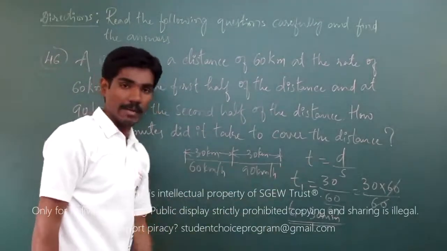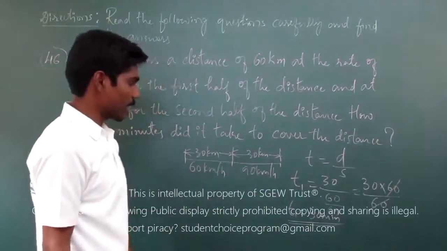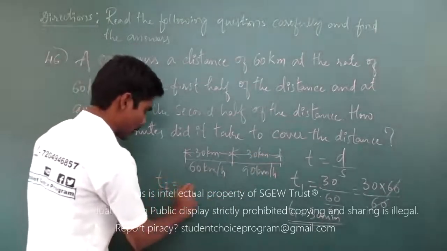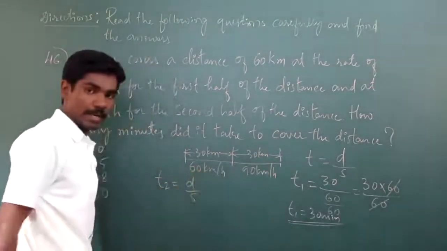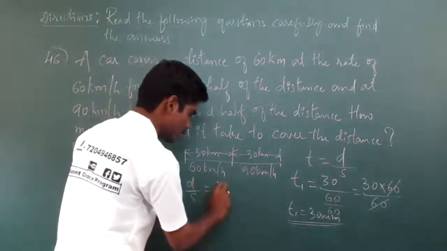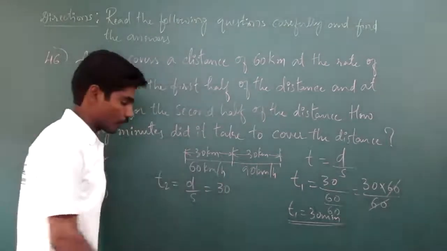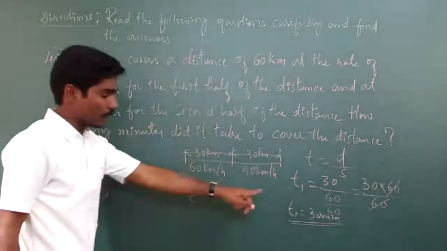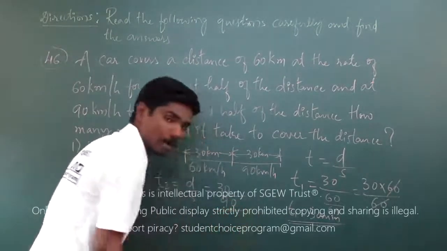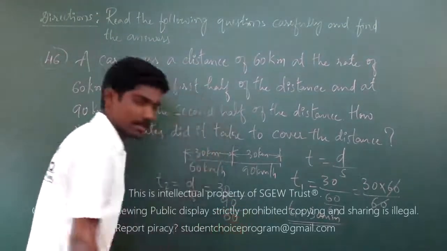In the similar manner, let me calculate the time T2, that means in the second half. Time T2 is equal to again distance divided by speed. What is the distance we are covering in the second half? Again same, that is 30 km. At what speed are we covering? At a speed of 90 km per hour. That means 90 km per hour means 60 minutes.